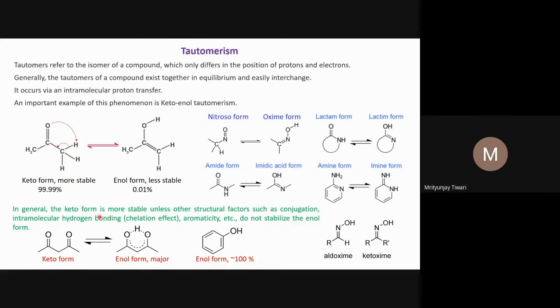Another thing will be chelation. And what is chelation? It is intramolecular hydrogen bonding, the chelation effect. For example, this compound, this is a keto form. You can see the ketone group, the carbonyl group, here and here. Now in the enol form, because this carbon atom has a partial positive charge, it will pull the bond's shared pair of electrons towards itself. So there will be a certain partial positive charge here as well.